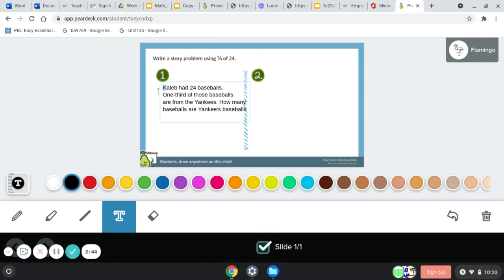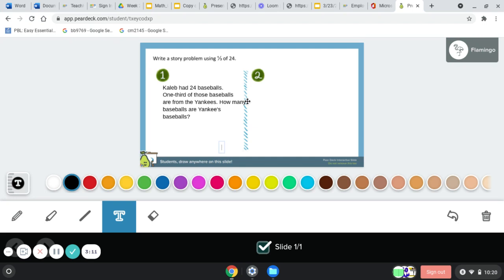Okay, so there's our word problem. So we have Caleb had 24 baseballs, which is our total amount here. And then 1/3 of that whole, 1/3 of that 24 are baseballs that are represented by the Yankees. So now what we need to do is find out how much is 1/3 of 24.